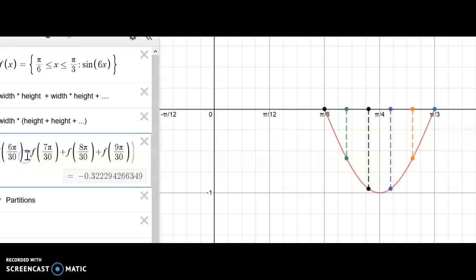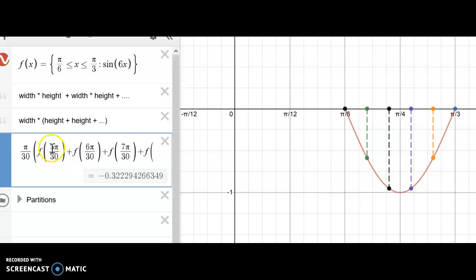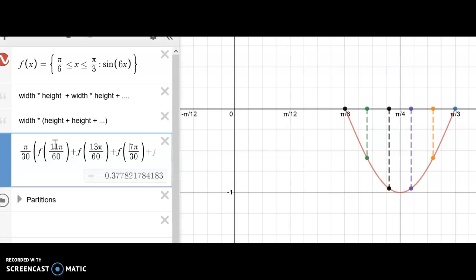So I'm going to change my first height from 5 pi over 30 to 11 pi over 60. Let me get this over there. To 11 pi over 60. Next one's going to be 13 pi over 60. Next one's going to be 15 pi over 60.